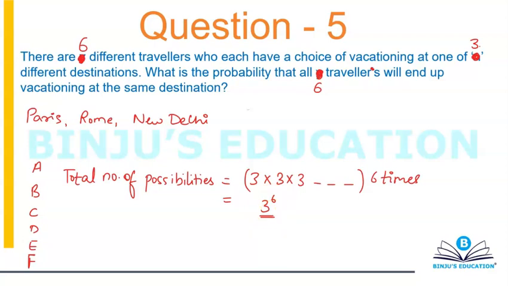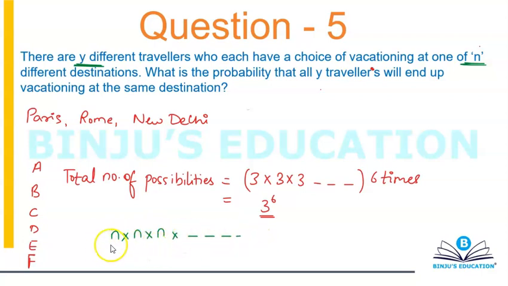Now if we use this concept, and if we don't take 6 and 3, but simply say I have y different travelers, and each of them has n different destinations to choose from, then each of these y travelers has n choices. For the first traveler it will be n, second traveler n, third traveler n, and so on.